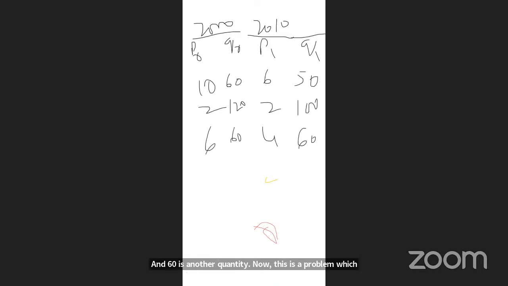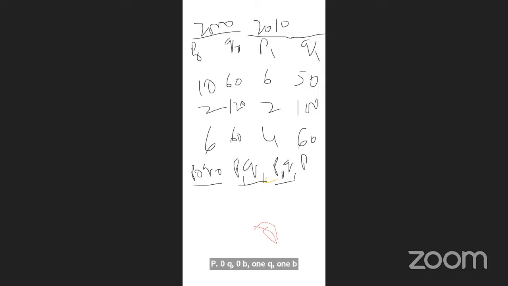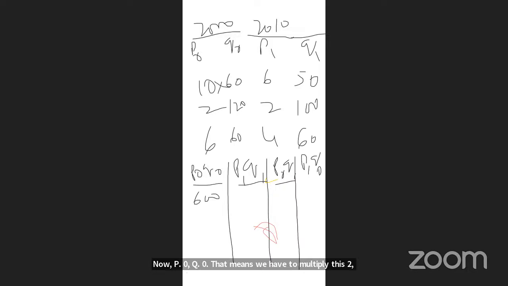So now what we will do is we have to work out P0 Q0, P1 Q1, P0 Q1, P1 Q0. This is what we have to work out. Now P0 Q0, that means we have to multiply these two. 10 into 60 is 600. 2 into 120 is 240. 6 into 60 is 360.